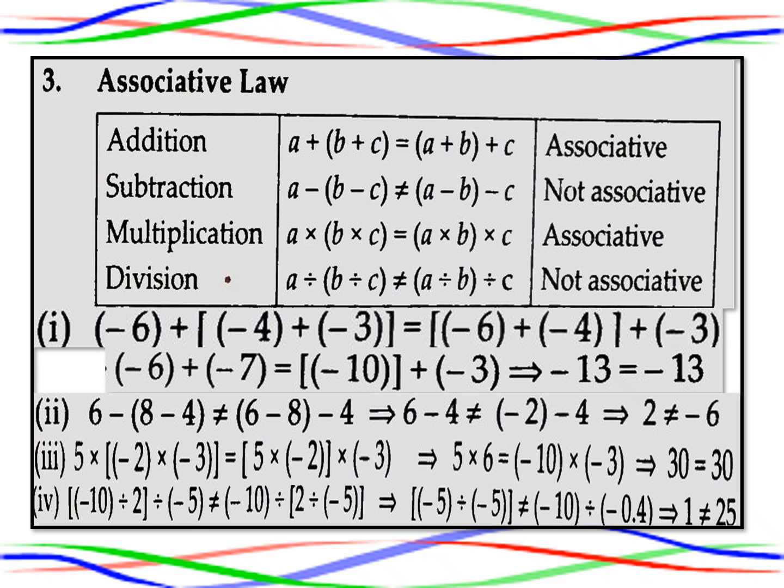The associative property for integers, three integers are taken as examples. So minus 6 added to the sum of minus 4 and minus 3 is the same as minus 6 added to minus 4 and that sum being added to minus 3. So it is shown clearly.